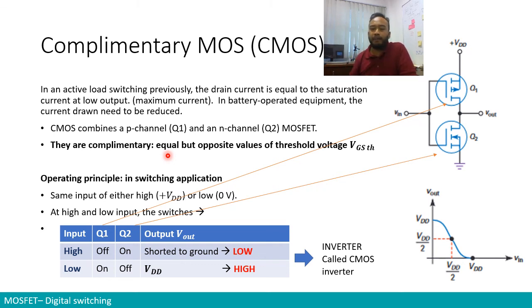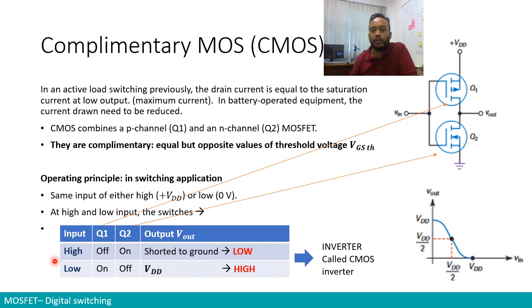So in operating principle, when we make a switching application, switching application means we are going to have two values, low or high, for input voltage. The same input of either high, plus VDD, or low voltage. And at high and low input, what's going to happen is described in this table.